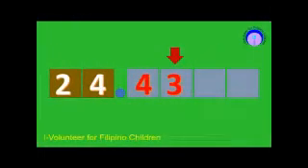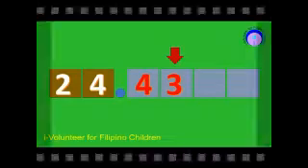The next number is 24 and 43 hundredths. Digit 3 is in the hundredths place. Next number is 37 and 5/10. Digit 5 is in the tenths place.